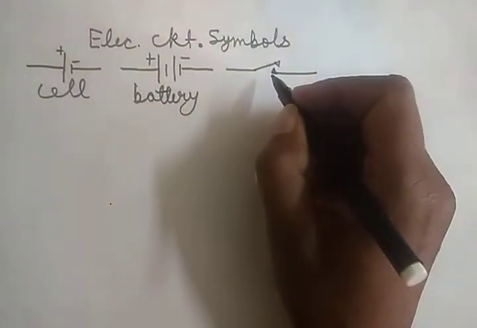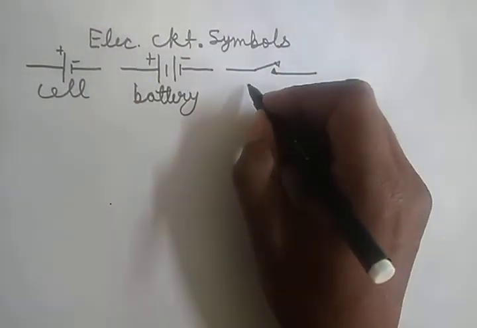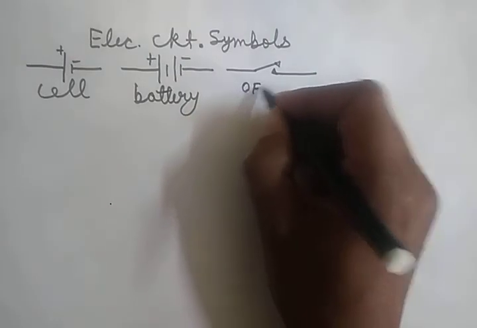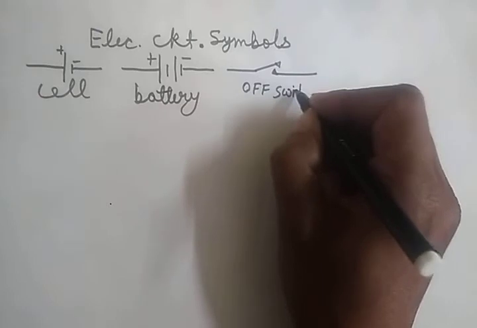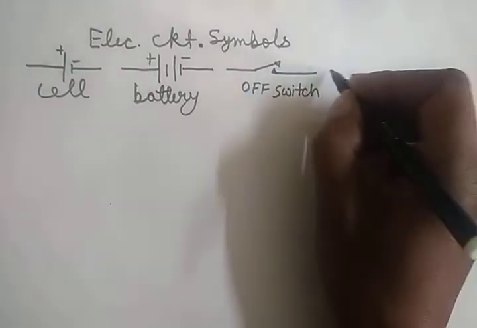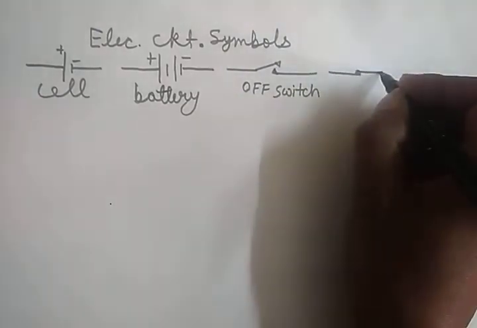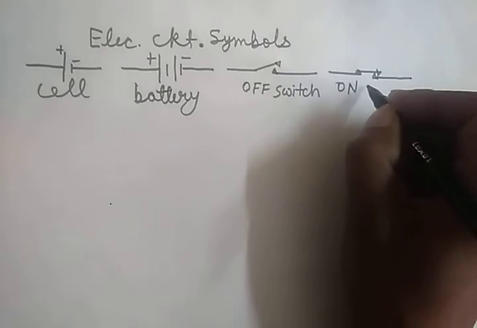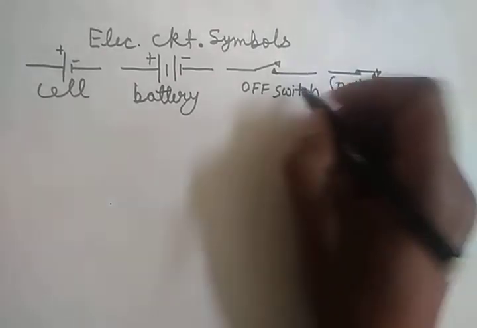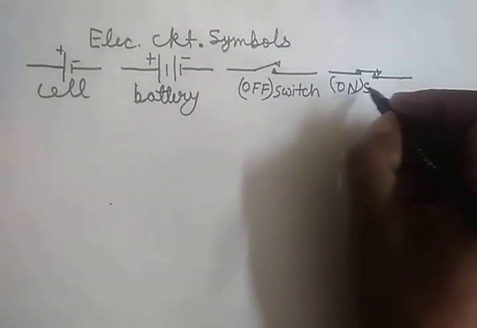This time it is in off state, off switch, and when it touches, then it is the on switch. I mean the on state and off state of a switch.